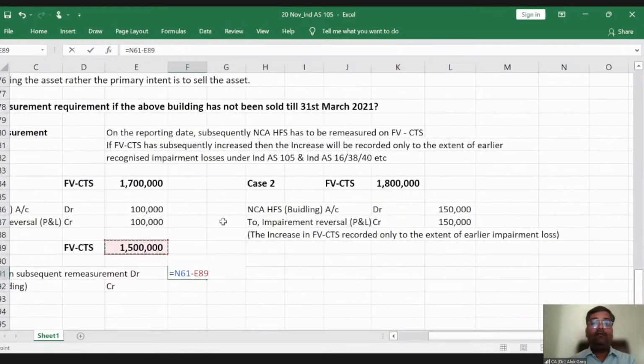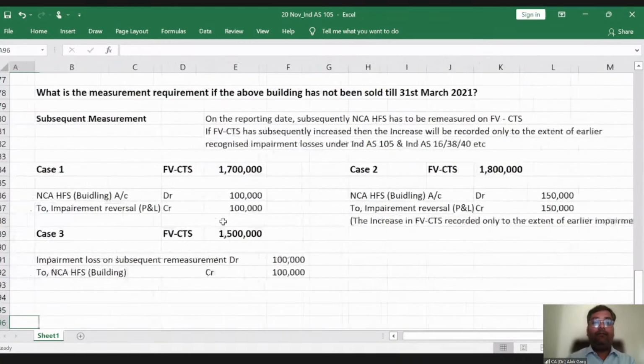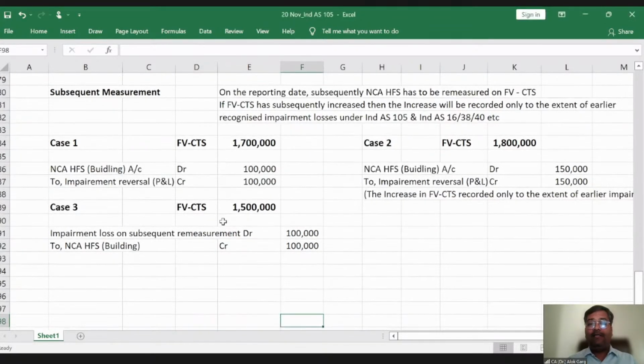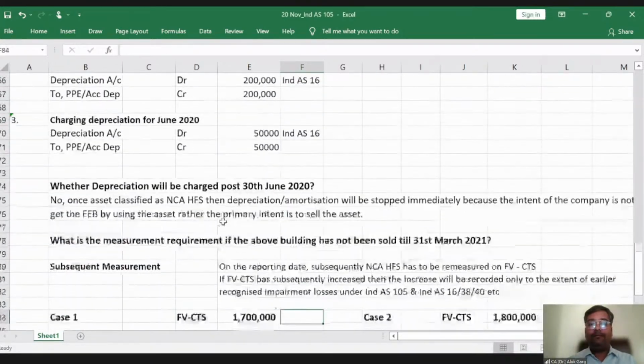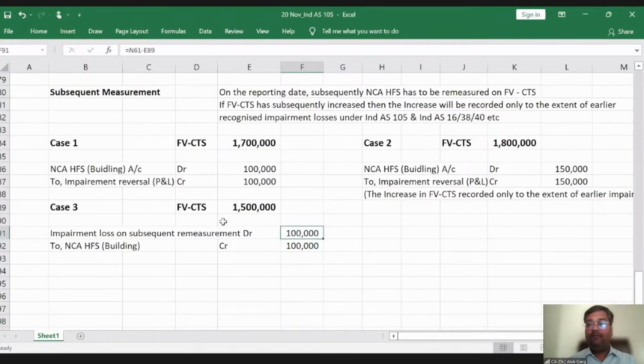So you need to recognize 1 lakh rupees of impairment loss subsequently, right? I hope with the help of these 3 cases, the concept is clear to all of you. Let me know if you still have any doubt regarding this treatment. I hope this measurement part is clear to all of you guys. Is it clear to all of you? Yeah? Is it clear?